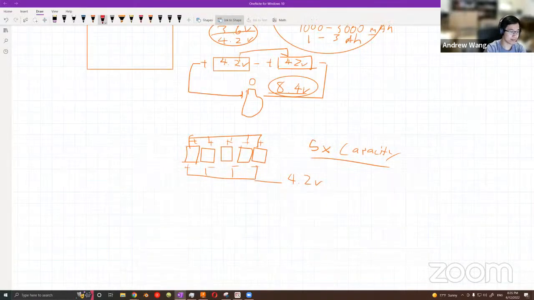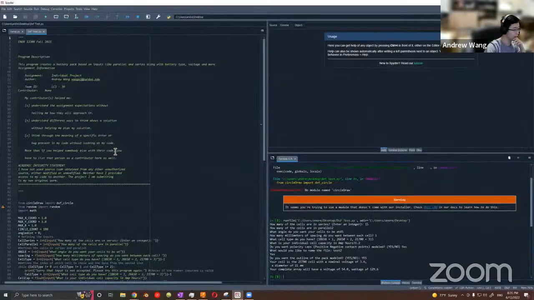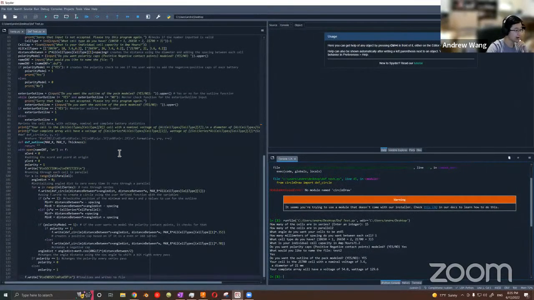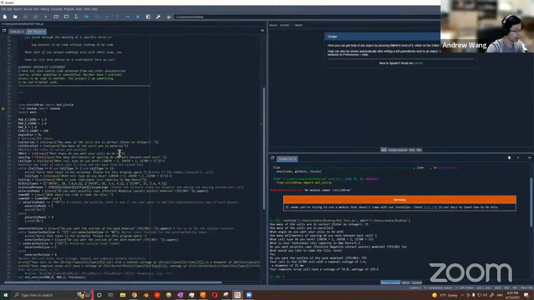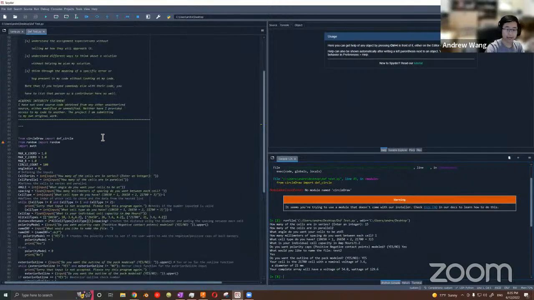I'm kind of skipping a few steps here, but this is a Python program I wrote. It is pretty long. It is also kind of disorganized, but ignore that part for now. It has 3 major components. It asks for how many cells are in series, which basically asks what voltage is your end goal.